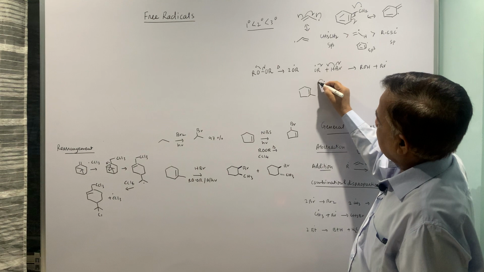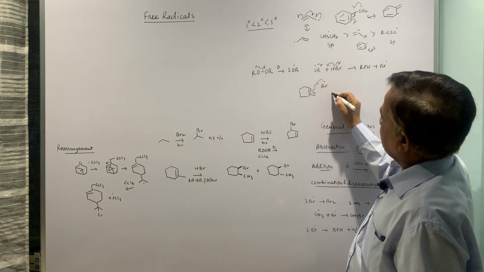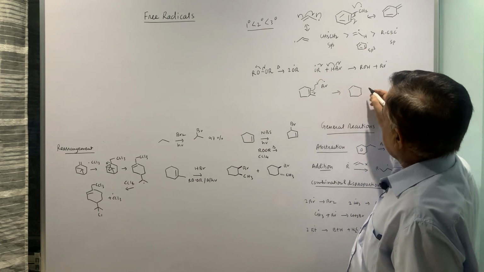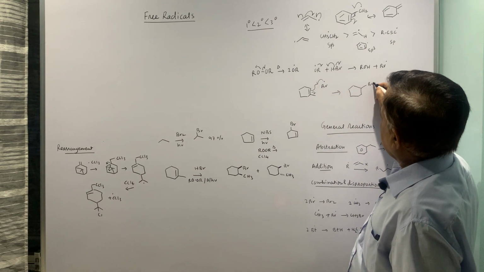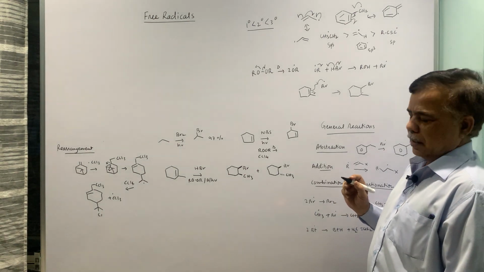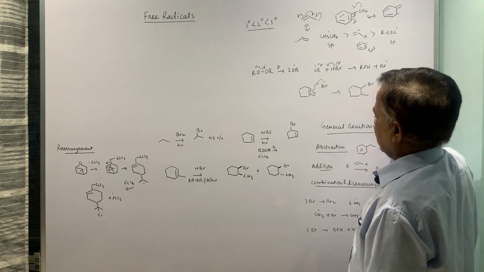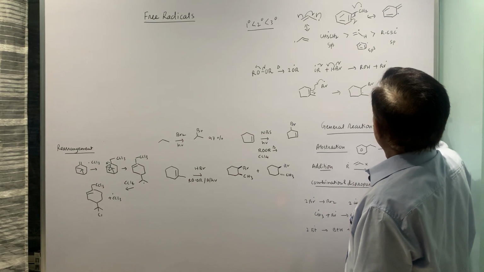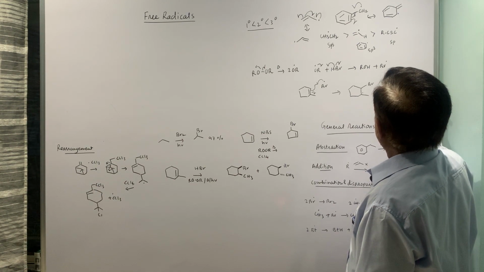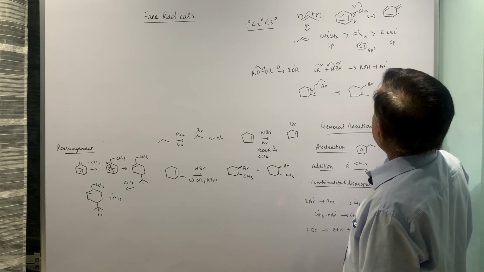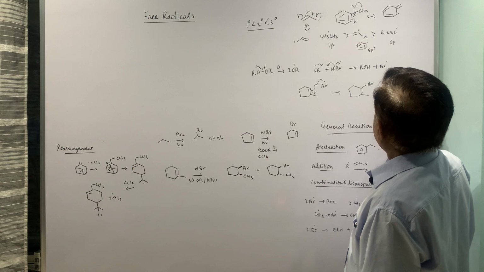Now there are two ways. Either bromine is attaching to this carbon or this carbon, but the chances are more here because you are leading to the formation of a tertiary radical, and then subsequently this takes up a proton in workup, CH3 and then H. Now this proton is provided by ROH.